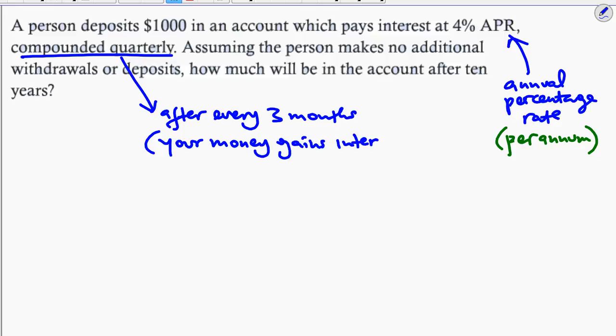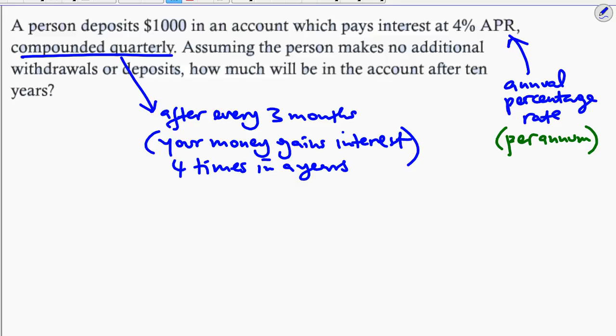We know that a year has 12 months. So if it is after every 3 months, that means you're going to gain interest 4 times in a year. Assuming the person makes no additional withdrawals or deposits, how much money will be in the account after 10 years?